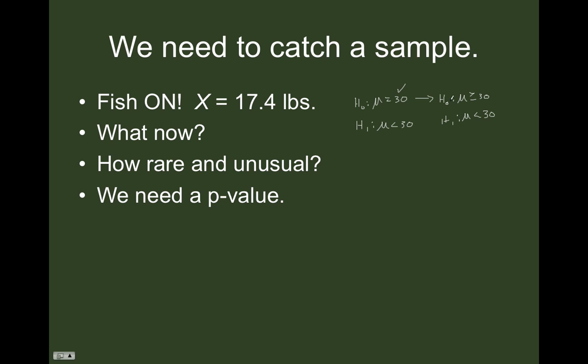I usually write the hypothesis with the equal sign because when we do the statistical analysis, we're actually going to use the equality part. They're both dichotomies, though. And certainly if we reject at 30, we would still reject at mu greater than 30. So either of those nulls works fine.